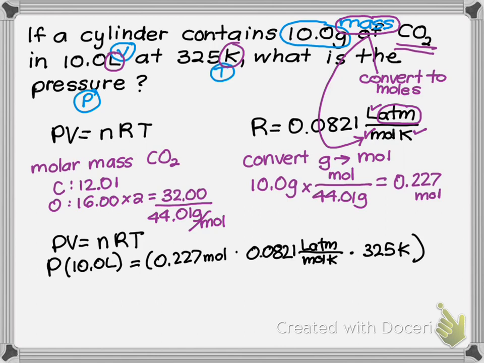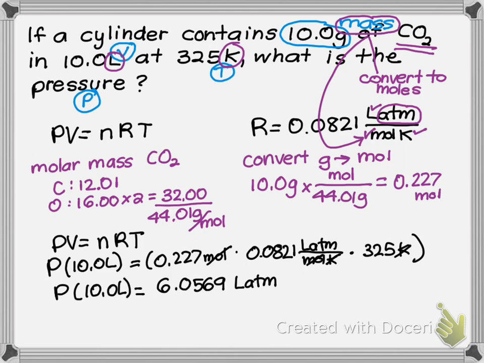If you're following along with units, the moles cancel, the Kelvins cancel, and let's multiply those numbers. 0.227 times 0.0821 times 325, and I get 6.0569, I won't round it yet, and it would have units of liter atmospheres. The moles and Kelvin canceled.